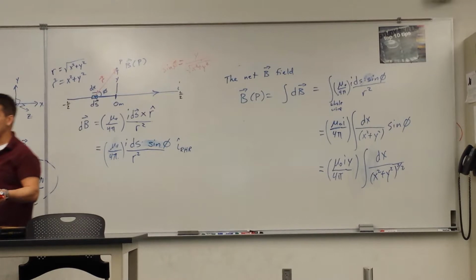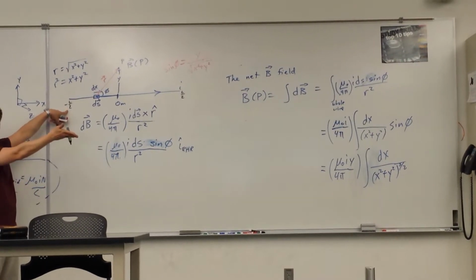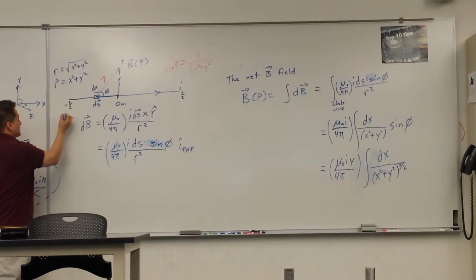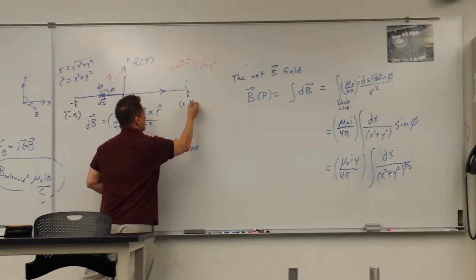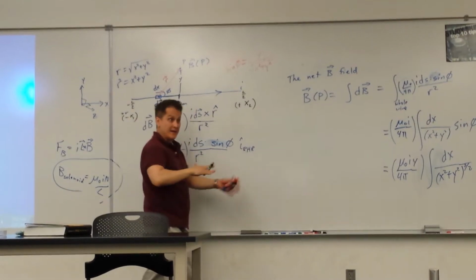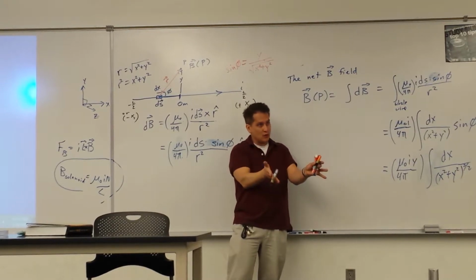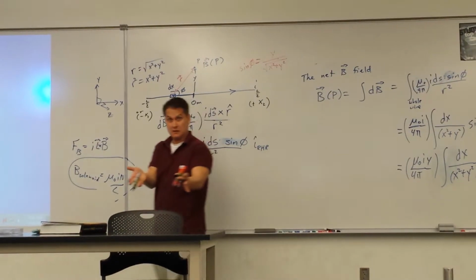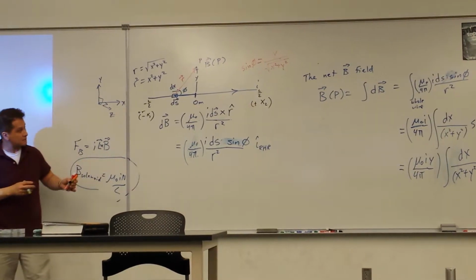Now, if it's anything else, then you just have to express this as a minus x max to a positive x max, or minus x1 to positive x2, or minus x initial to positive x, whatever you need to do to set those boundary conditions depending on where P is relative to the span of the wire.